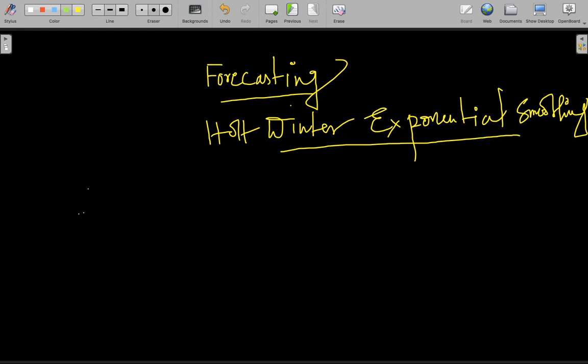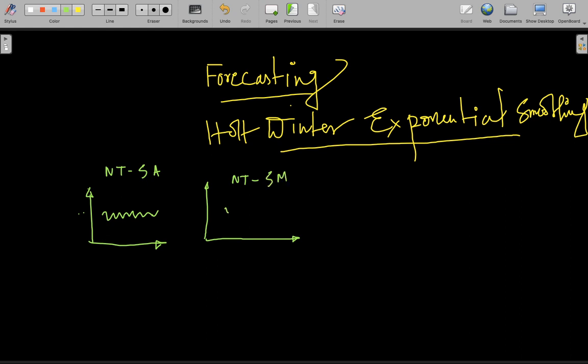For example, we can have no trend but additive seasonality. So we draw it like this: no trend, seasonality. Then we can have no trend but multiplicative seasonality. Here it is seasonality additive, and here it is seasonality multiplicative. It will look something like this.